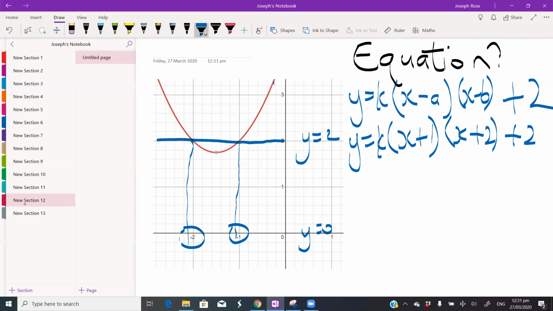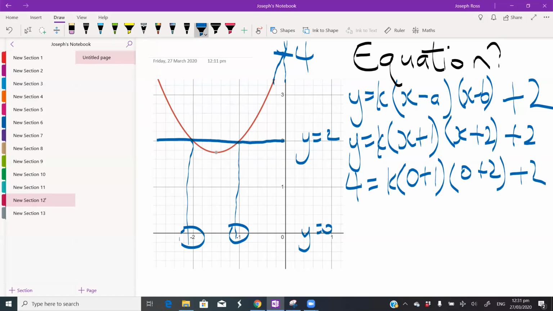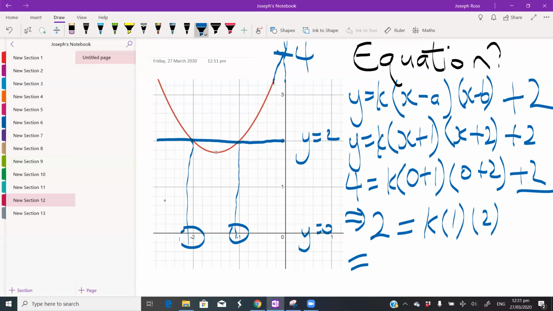Let's assume that this has a y-intercept of 4, so that's going through at 4. What would we do then? So y is 4 equals k times, so this would be y-intercept of 0 plus 1 and 0 plus 2, plus 2. So let's move that final plus 2 to the other side. Therefore we get 2 equals k times (0 plus 1 is 1) times (0 plus 2 is 2), and therefore 2 equals 2k, and therefore k is 1.